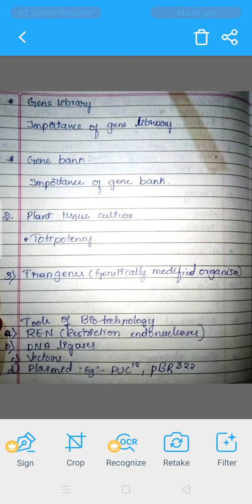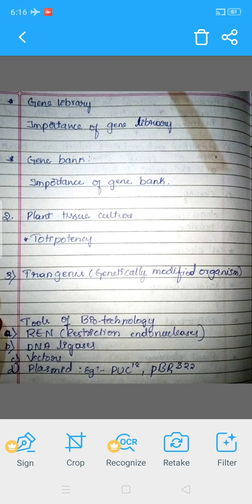Isolation of specific gene from different species. And second one, it is used to transfer this specific gene to vector DNA. And third one, formation of different types of recombinant DNA.